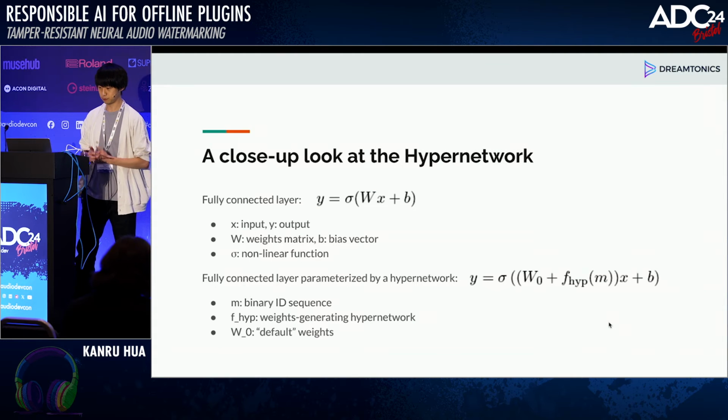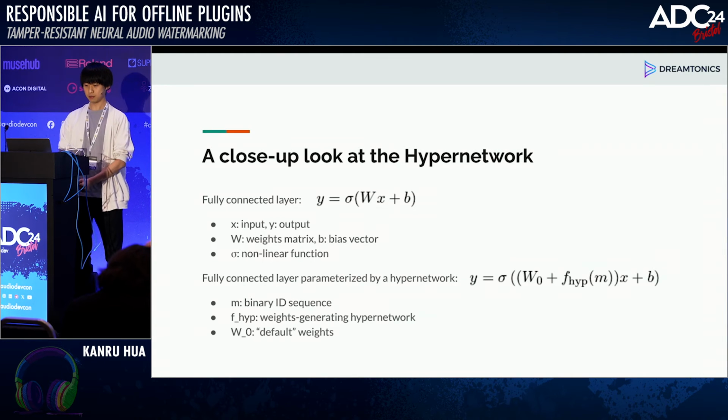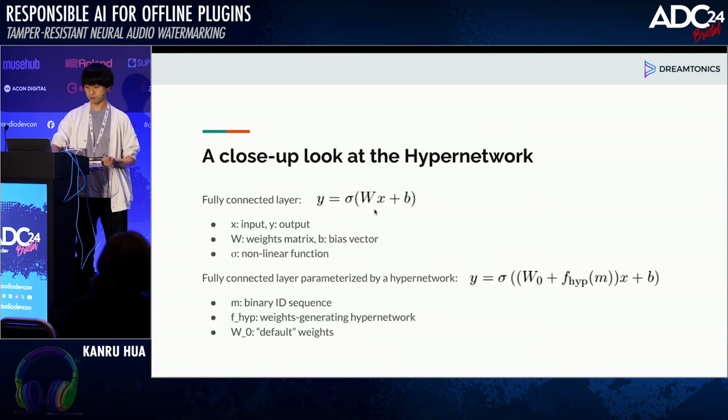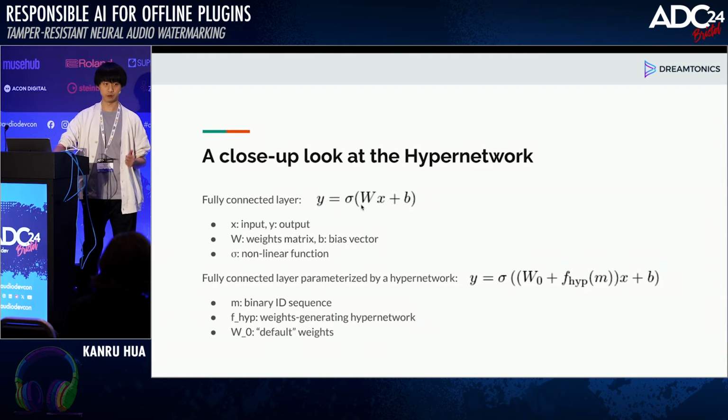Before we talk about that, let's first take a closer look at the Hypernetwork. In a typical setup, this is one fully connected layer of a neural network. You have a matrix multiplication plus a vector and send it through a nonlinear function. The Hypernetwork difference is you take the weight matrix and express it with a different neural network. So you're literally generating a network with a neural network.